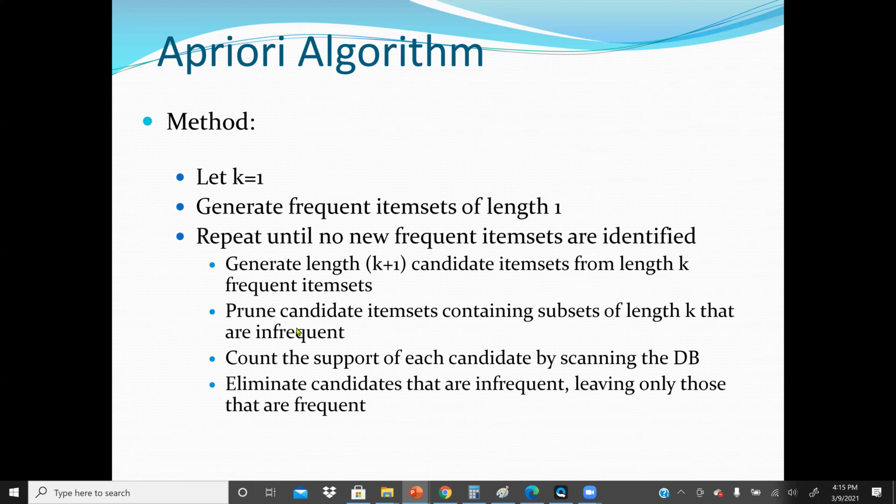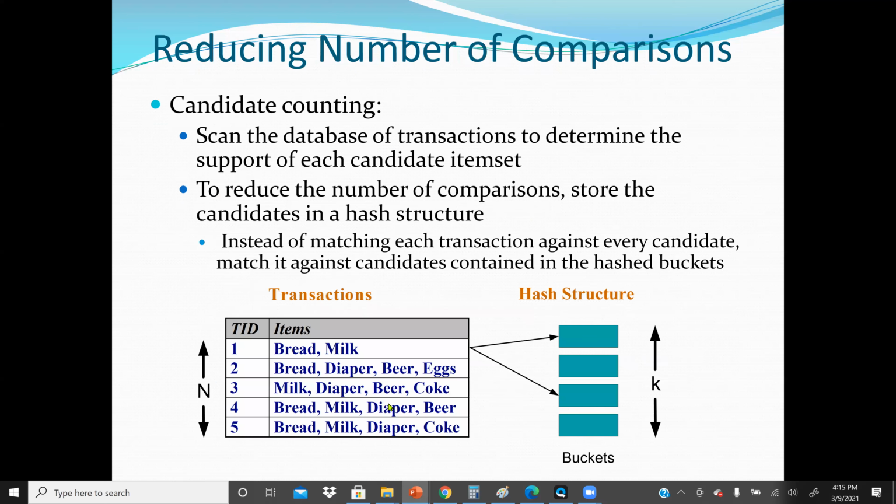So we remove that. Count the support of each candidate by scanning the database. Then we eliminate the candidates that are infrequent, leaving only those that are frequent. So reducing the number of comparisons is the main goal here, which is the concept of the Apriori algorithm.